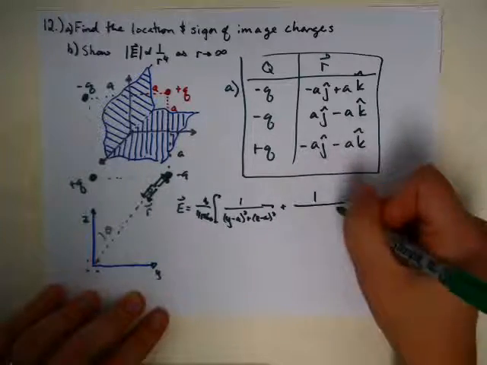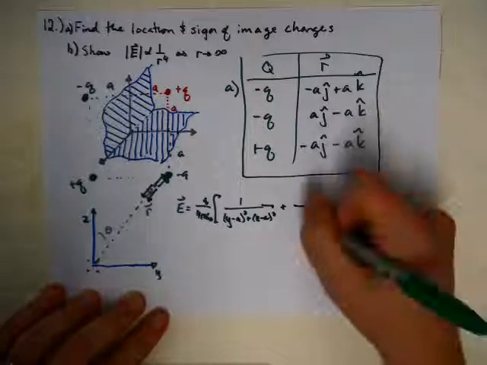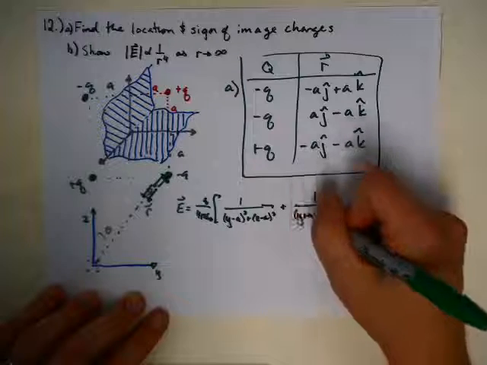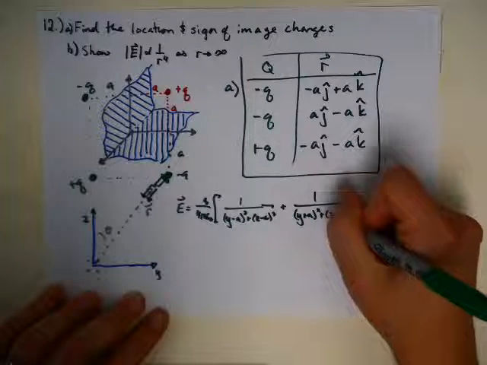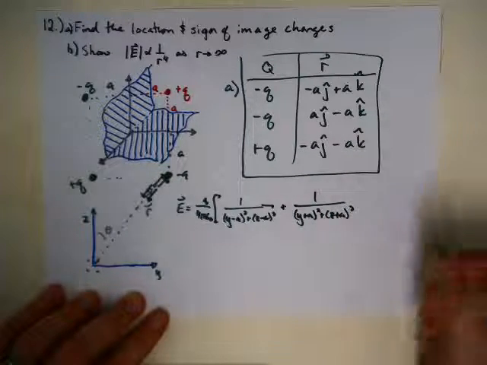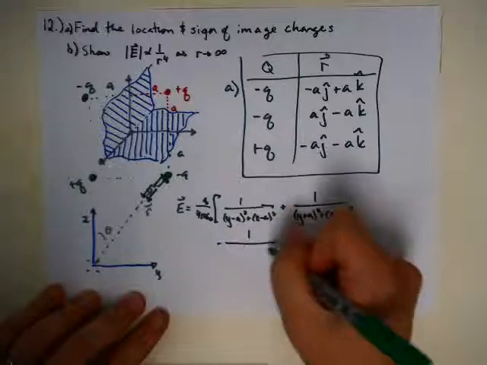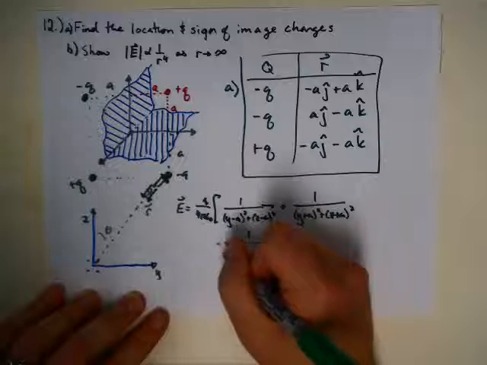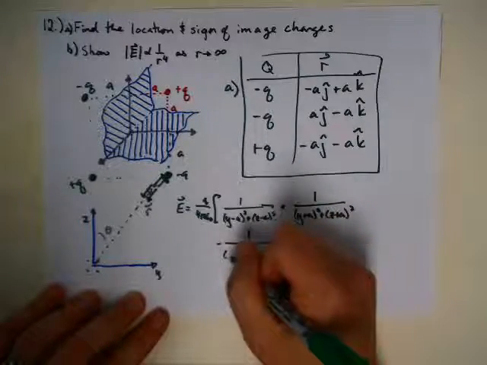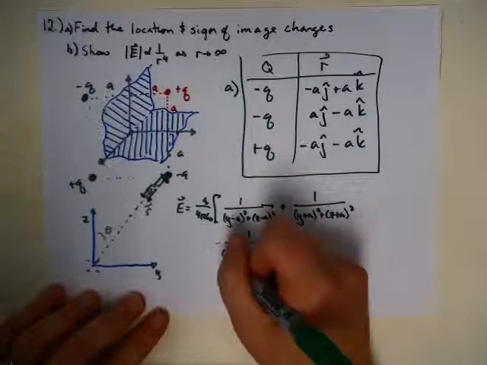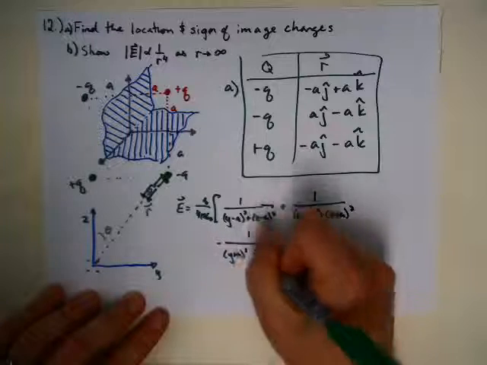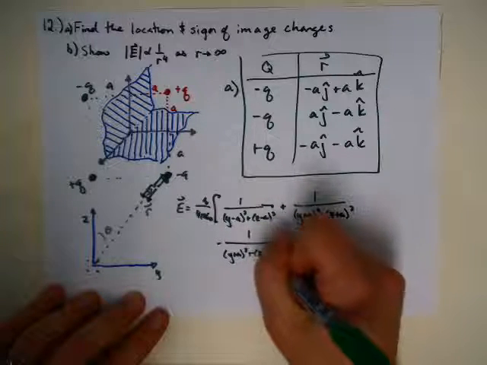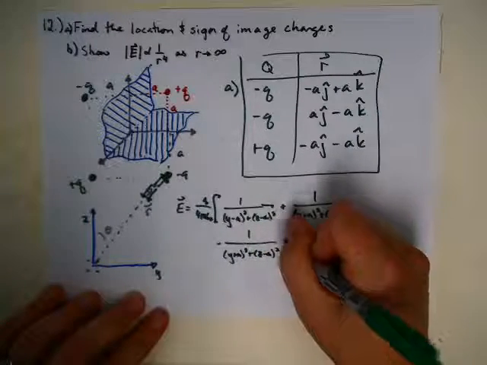The other positive charge is at minus a, so that's going to be y plus a quantity squared plus z plus a quantity squared. Below, for the 2 minus charges, I put a minus out front: y plus a quantity squared plus z minus a quantity squared.